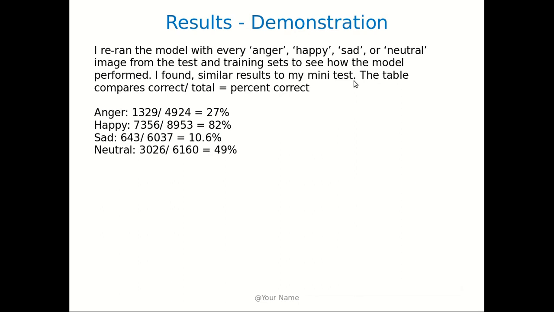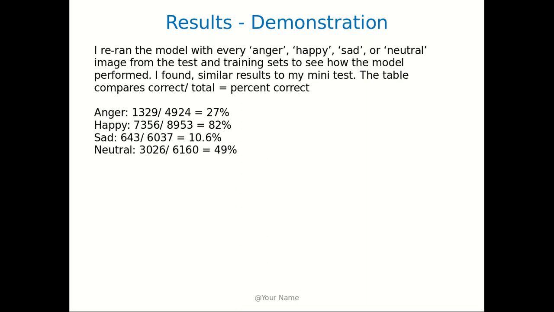So then I did some further investigation as to why the sad images did not seem to be coming out as well. Maybe it was just the set that I had, maybe the faces were cropped poorly, or there was some issue with the model. So I took my entire data set from Kaggle, the images that it trained on and the images that it was meant to test on, and I just wanted to see, if I throw these all in there, what percentage do I actually get back?